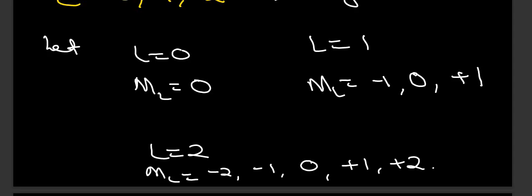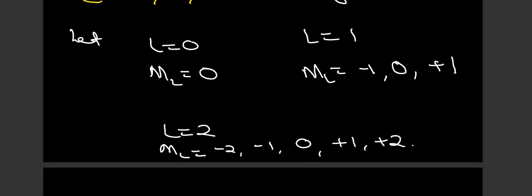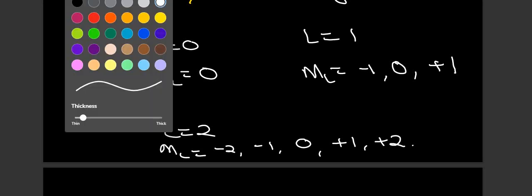Is this confusing, guys? This is where people find it confusing, so please feel free to ask. These will be the magnetic quantum numbers that we're going to have.